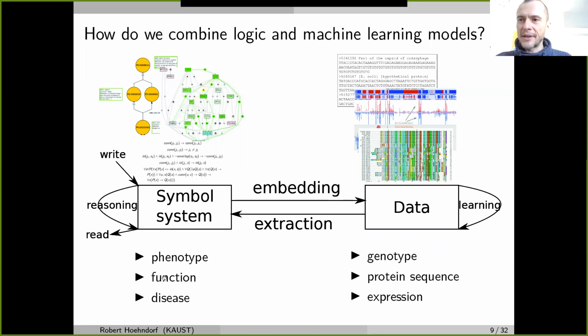And on the left-hand side of this figure, you can see what we want to infer about this. So we want to know how a genotype relates to a phenotype. We want to understand how the protein sequence relates to its function, or how gene expression relates to a disease. So the left-hand side is usually very informative, not only in biomedicine, but in particular there. And on the right-hand side is what we can observe or what we can obtain.